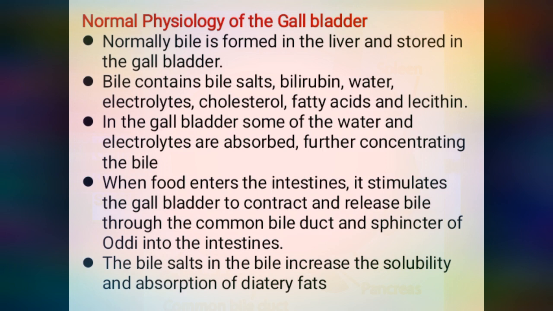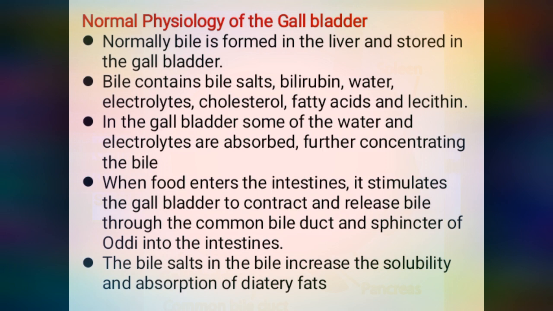The sphincter of Oddi is made of smooth muscles that surround the bile duct as it connects into the intestine. Its function is to regulate the flow of this bile into the intestine.